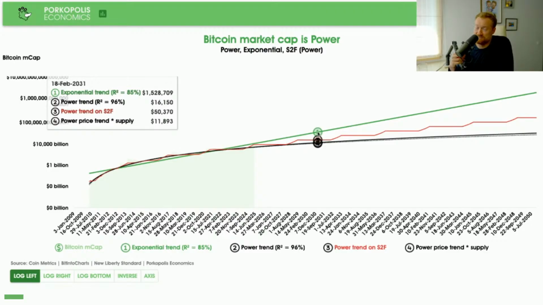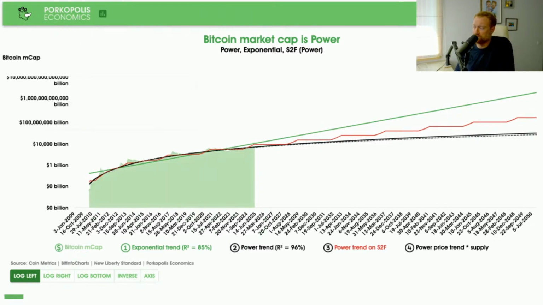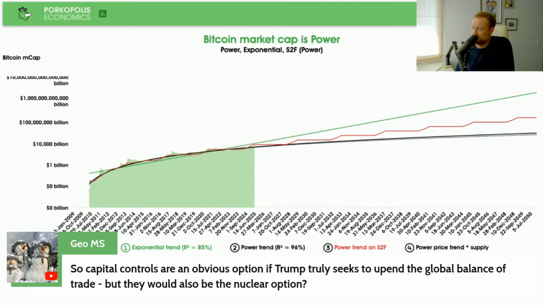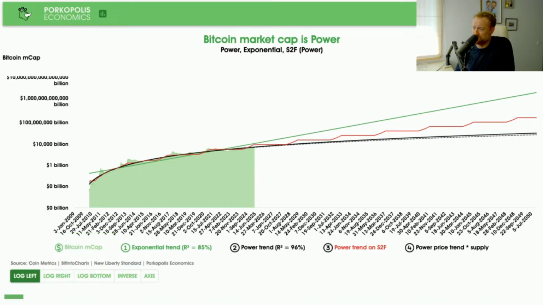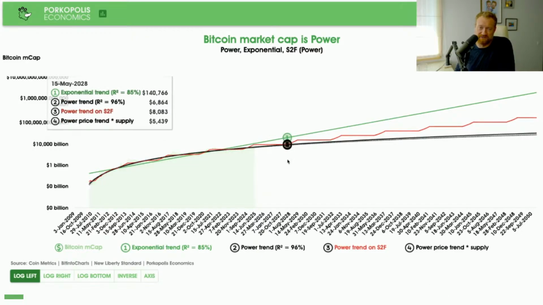And you could see companies go around these laws in various ways if they can, and if they can't, or if the government wants to try to stop that, then yeah, capital controls are certainly an option. But I don't want to get too sidetracked on capital controls. We'll keep it on Bitcoin for now. But let me know later if you have any more questions on that, because trade is very much interlinked, I think, with what's happening right now in the war in Ukraine and the war in the Middle East.